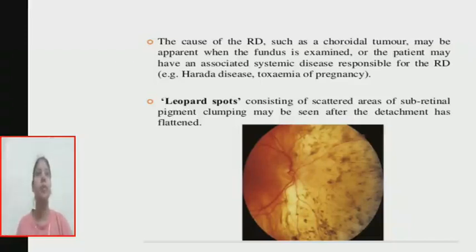Leopard spots, consisting of scattered areas of subretinal pigment clumping, may be seen after the detachment has flattened. These are the leopard-like spots.